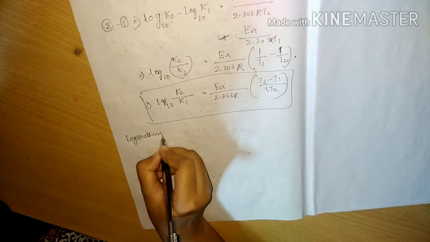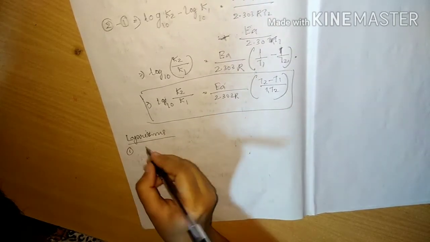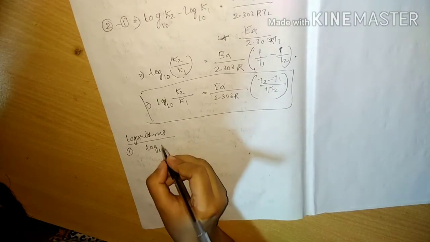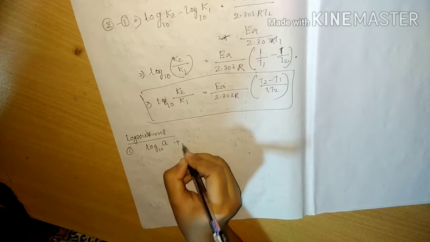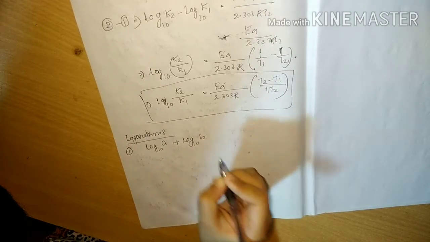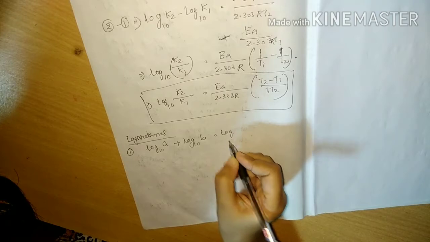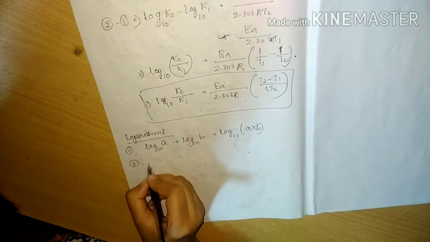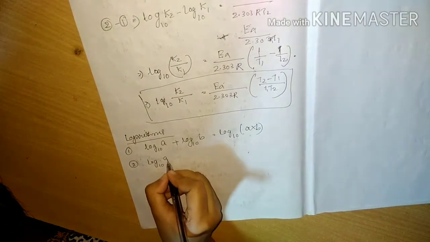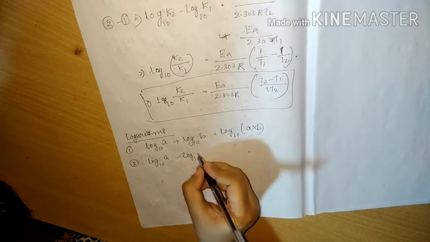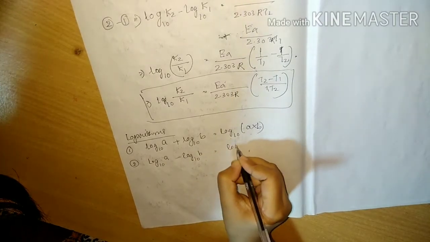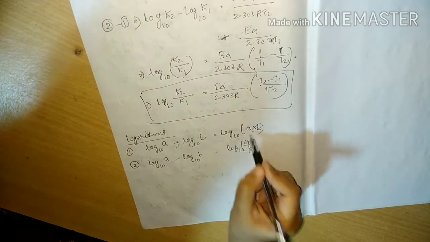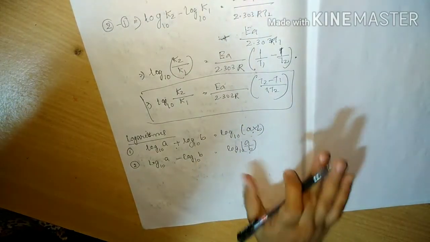Number 1: log base 10 A plus log base 10 B equals log base 10 of A into B. Now number 2: log base 10 A minus log base 10 B is equal to log base 10 of A by B. As plus becomes multiply, minus becomes divide.